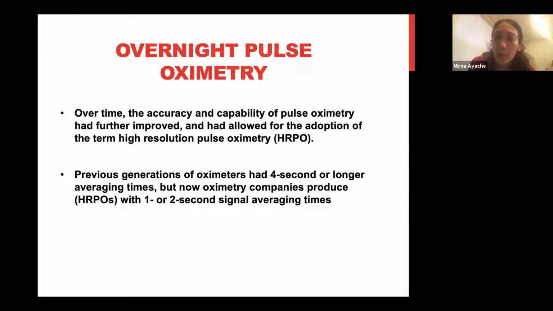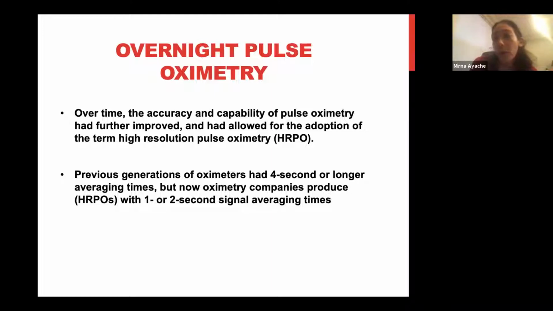So the pulse oximetry that we use in the intensive care unit or on the floor may not have the capability of detecting, for example, obstructive sleep apnea. The reason is it might not be a high resolution pulse oximetry. It can generate an average of oxygen saturation over, for example, 4 seconds or longer, so it will not detect a drop in oxygen saturation that is brief and transient, like what we see in obstructive sleep apnea.